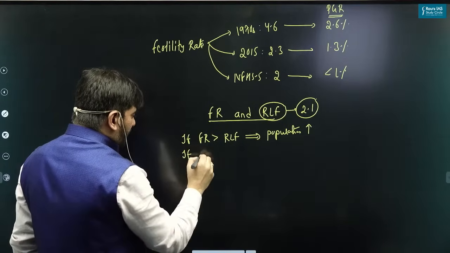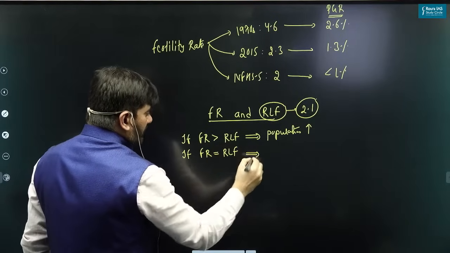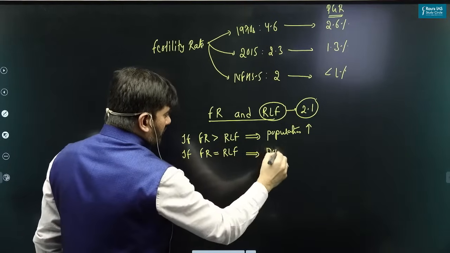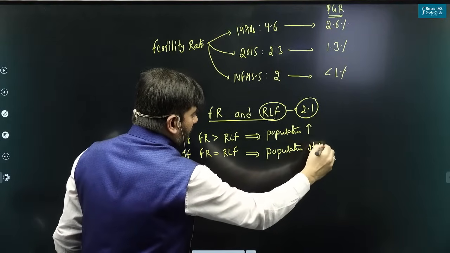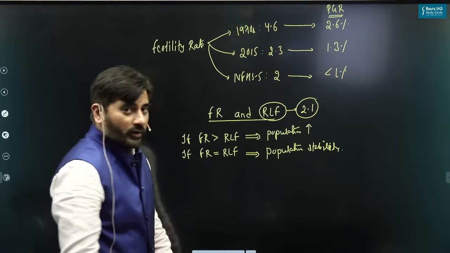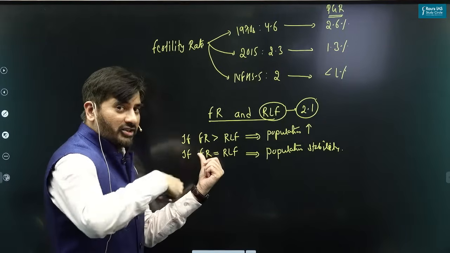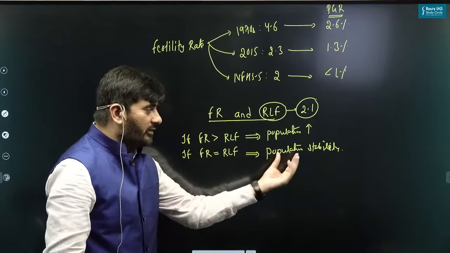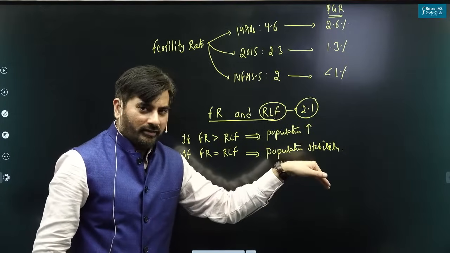On the other hand, if fertility rate becomes equal to replacement level fertility, population of a particular country will get stable, population stability. What does it mean? It basically means that the present generation will be replaced by the future generation, and hence population will remain stable. Population will neither increase or decrease, right?